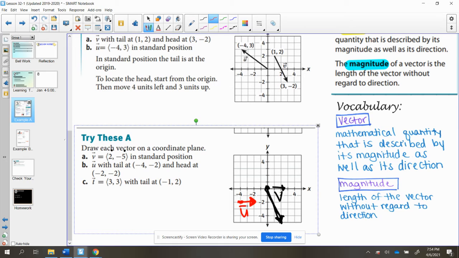Here is vector U. And then last but not least, for part C, we have a tail at -1, 2, and then we are moving to the right 3 and up 3. So right 3, up 3 would put our head here at 2, 5. Again, you want to make sure you draw in these arrows. And this is vector T.